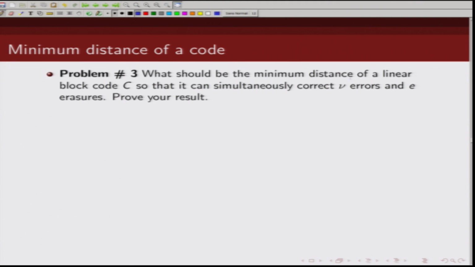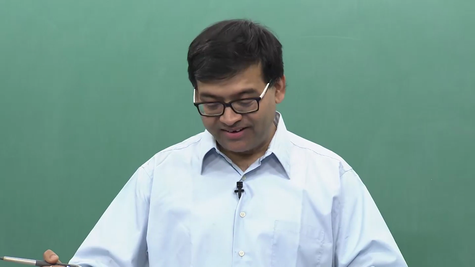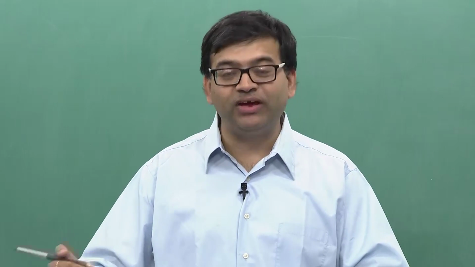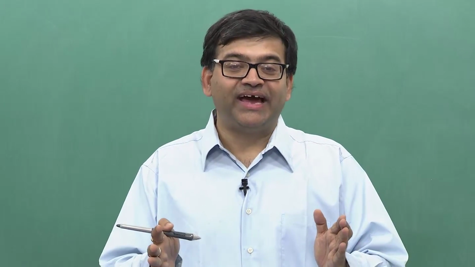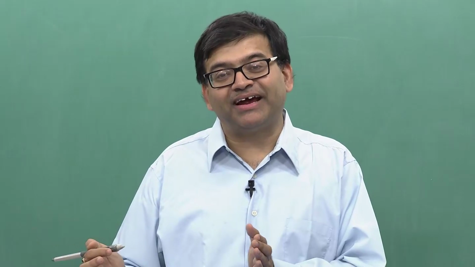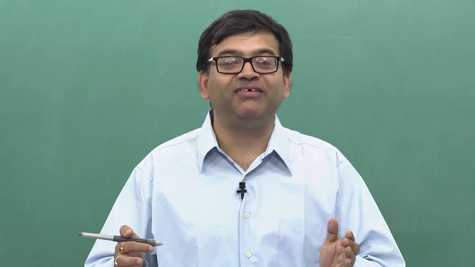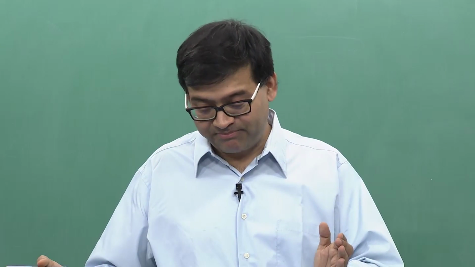So, next problem that we will look at is, what is a minimum distance of a linear block code C that can simultaneously correct mu errors and E erasures? Now, just recall what we mean by error correction and erasure correction. So, erasure is basically some of the bits getting erased. So, you send n bits, if E bits are getting erased, what you are receiving is n minus E bits.